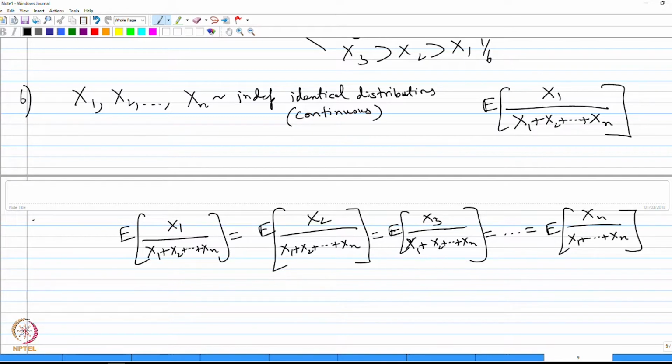Okay, so this comes from symmetry, which in turn comes from the independence and identical nature of the distribution. This is the first observation you make.